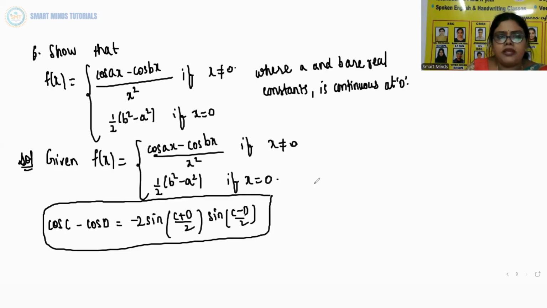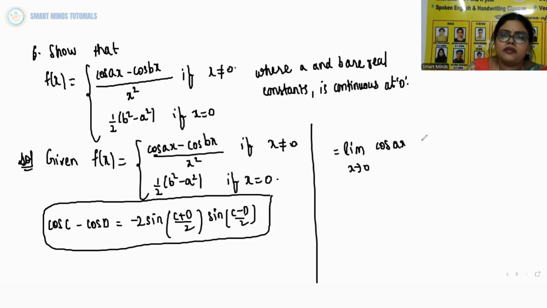So first we take limit x tends to 0 of cos ax minus cos bx by x square. So directly if I substitute x is equal to 0, you will get 0 by 0 form. That is indeterminate form. So we cannot do direct substitution. That's why we are applying the cos c minus cos d formula.